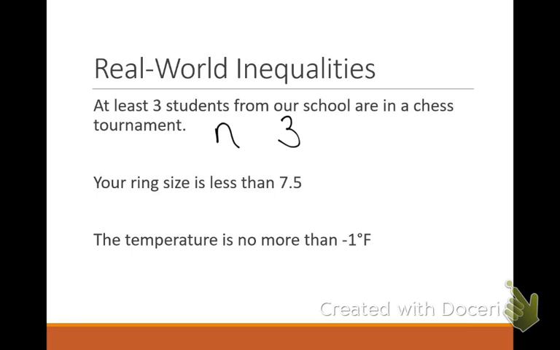If at least 3 came, that means that some number has to be greater than or equal to 3. If I said at least 5 of my friends are going to come to my party, what's the absolute minimum number? 5. Could 10 come? Maybe. So what are some values that can make this inequality true? 15.